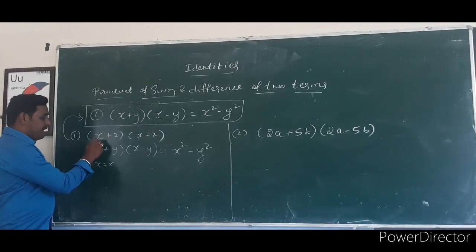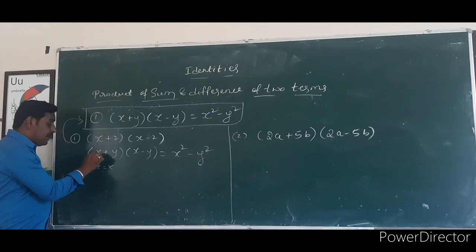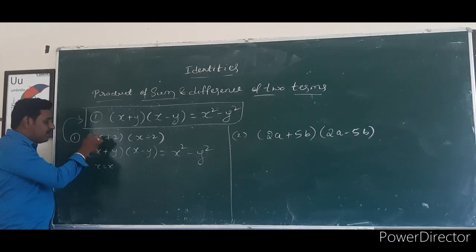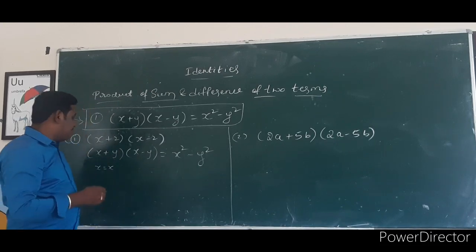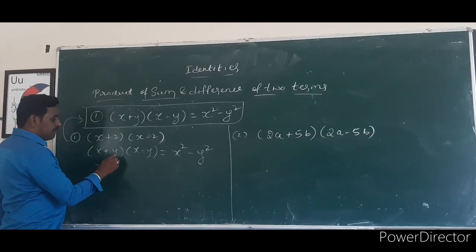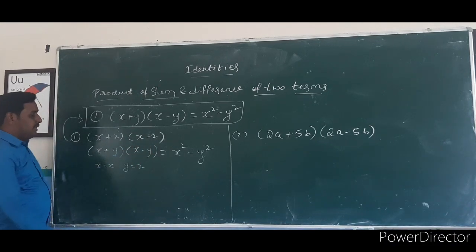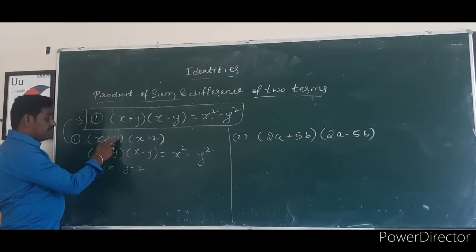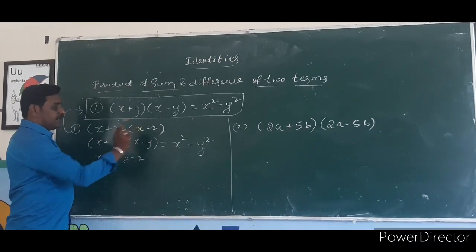Means if they are given m, then x is equal to m. If they are given p, then x is equal to p. What they are given in the question, first you have to tally with the question and write the answer. In the place of y, what is given? 2. Here also check. y is equal to 2, x is equal to x. Here x is equal to x, y is equal to 2.